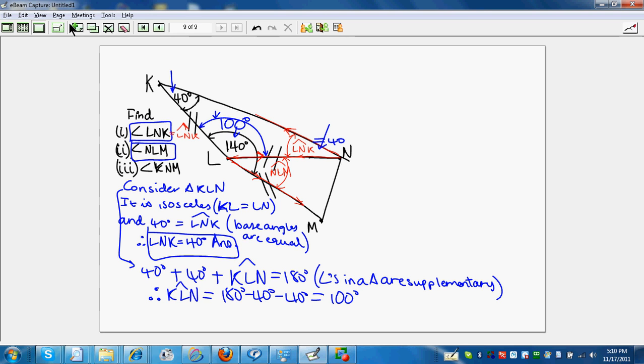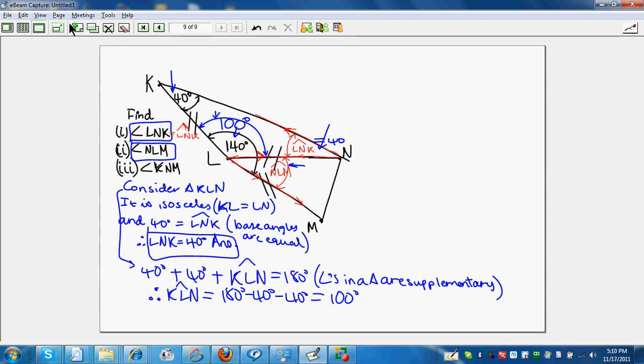But the reason we are finding that 100 degrees there, which was KLN, is because they asked us to find angle NLM, which is this. N to L to M. They asked us to find that. And we could easily find that now by recognizing that if we take the 100 away from the 140, we will get the angle NLM.